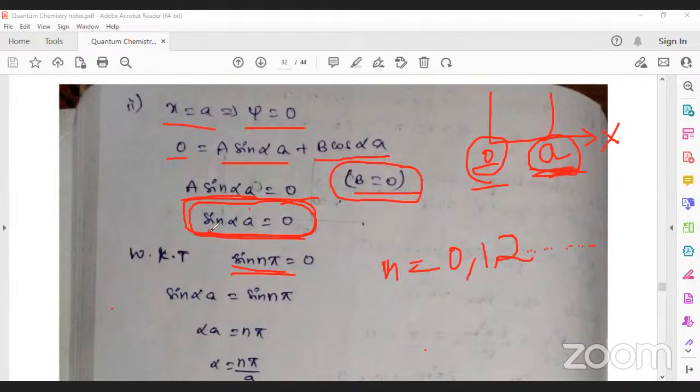Here previously sin alpha a is equals to 0. Therefore, we can write the right hand side value as 0 for both these situations. Therefore, we can write sin alpha a is equals to sin n pi.